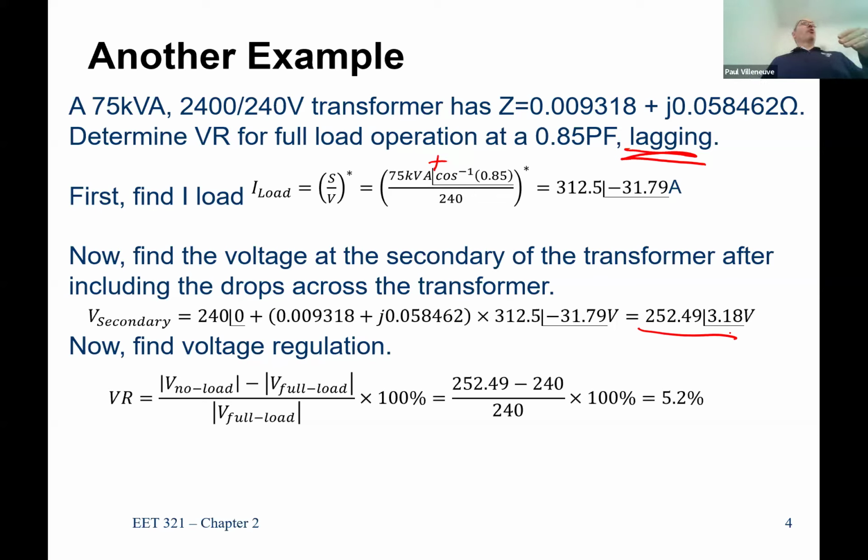Now that load drops out and the voltage that we see at the secondary side is the 252 that we see here. So 252.49 minus 240 divided by 240, you have a possibility here that you can exceed PUC recommendations for the customer. So what would you do?